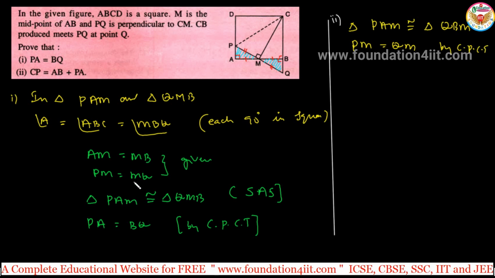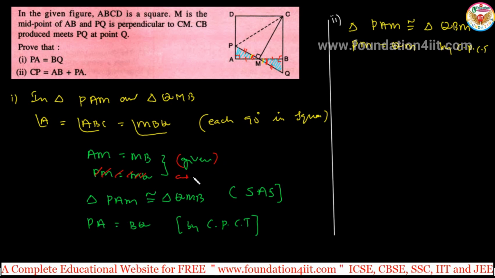Here is one part only given, right? M is the midpoint of AB and PQ is perpendicular to CM. So this is 90 degrees. Even you can use alternate angles also, this rule. In the previous one, you can use vertically opposite angles. This first one is given, and angle PMA is exactly equal to BMQ.